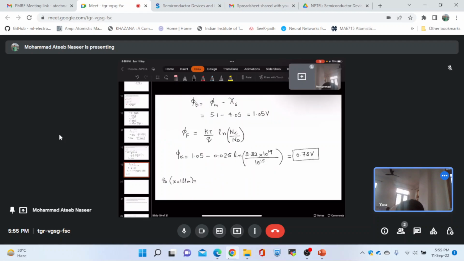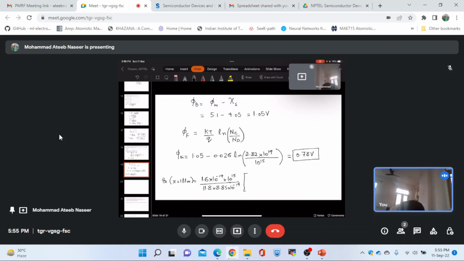This will simply be 1.6 into 10 raised power minus 19, and ND is 10 to the power 15, divided by epsilon S, which is 11.8 into 8.85 into 10 raised power minus 14.